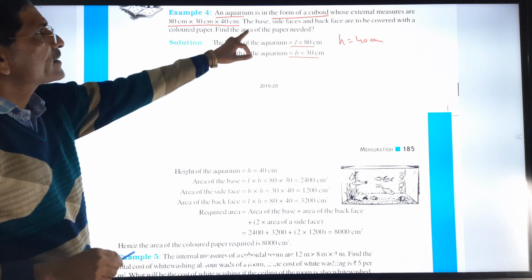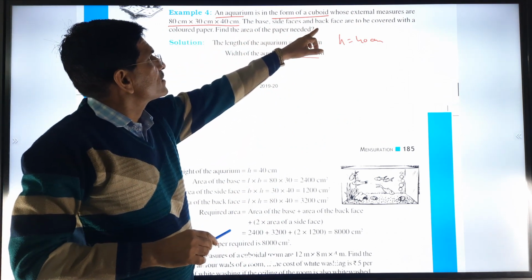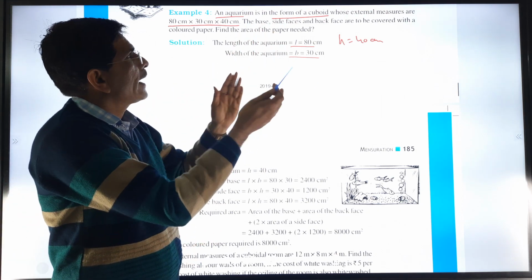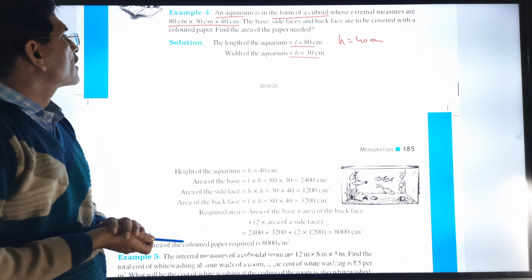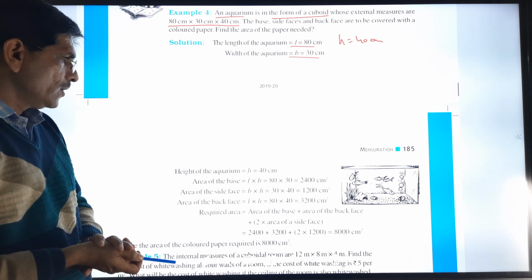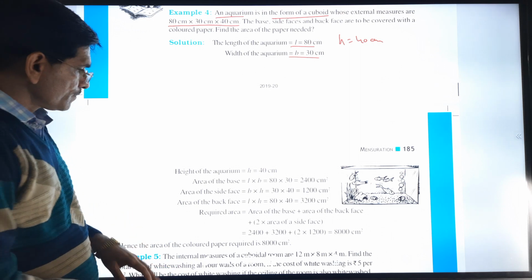The base, bottom, side and back are to be covered with colored paper. Find the area of paper needed.